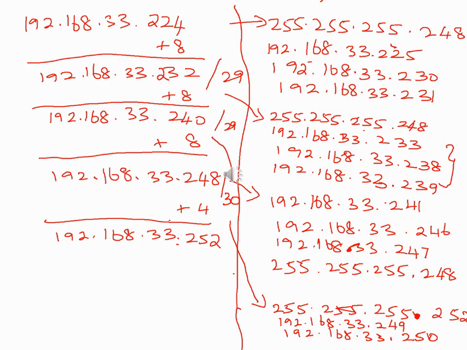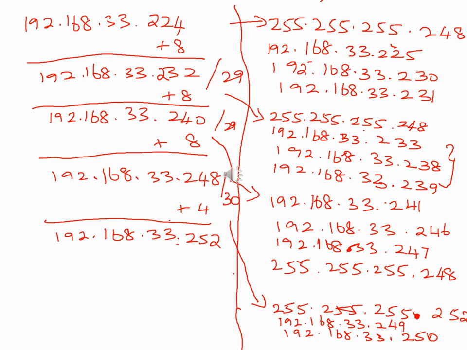So next we have to get 4 host addresses. To get 4 host addresses, the next block that we are going to borrow is for getting the 4 host addresses. If you are borrowing 4, then 2 will be omitted. So we cannot borrow 4. If you borrow 4, we will get only 2 valid IP addresses.